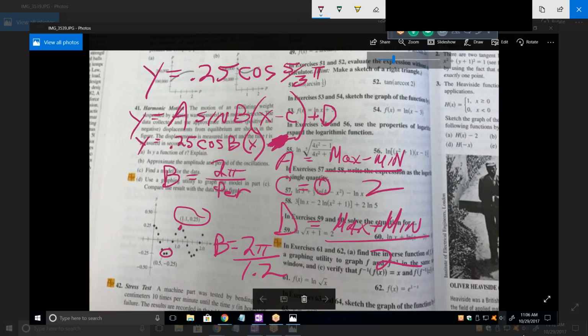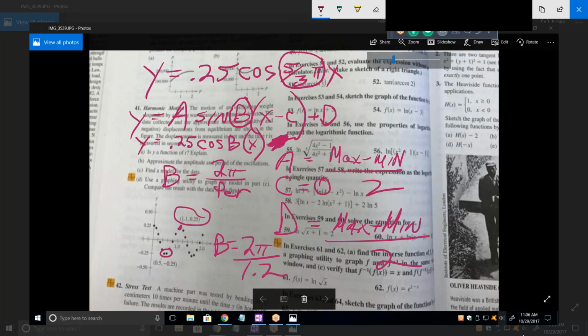All right, and that's your final answer? No, x. In other words, that is the coefficient of x. That's what B was. When you look at the general formula, B is the coefficient of x. Sometimes B is inside the parentheses, sometimes it's out. It doesn't really affect B, whether it's inside or out. B is still 2 pi over the period.